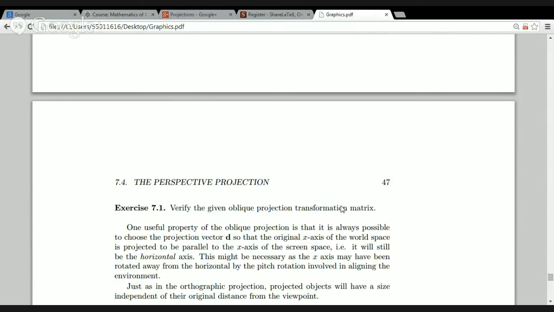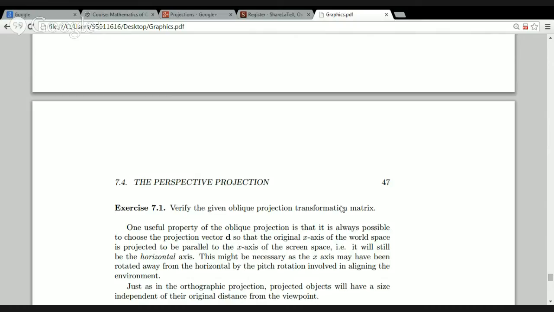Well, when you carry out this matrix multiplication, multiplying the rows into the columns, you see the first entry is x minus dx over dz times z. And the second coordinate will be y minus dy over dz times z. The 0 row here will produce a 0 entry for the third entry, and then you'll have the last homogeneous coordinate.